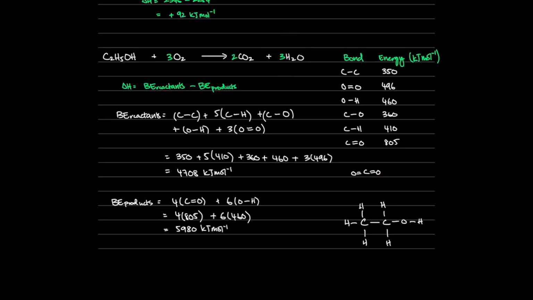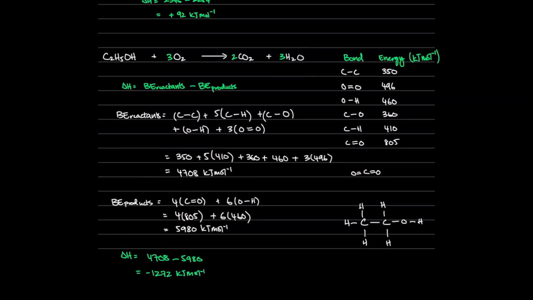Okay. Then आपका delta H क्या होगा? Delta H is bond energy of reactants minus products. So 4708 minus 5980. So that is negative 1,272 kilojoules per mole.